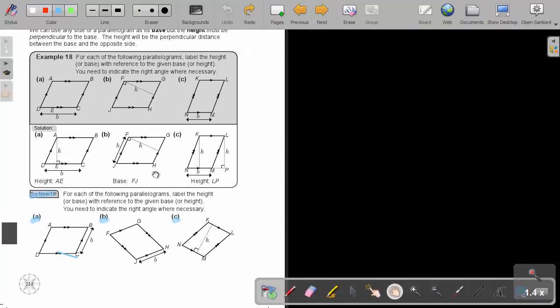I actually wanted to clean this, so let's try to do it again. It will be from that corner and it will be perpendicular. So the angle formed here, and I will show you. I'm going to take another color. There will be my 90-degree angle.